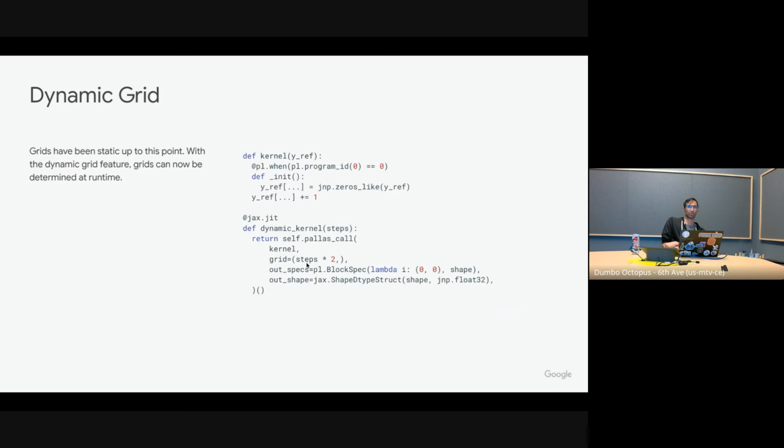So you can imagine this could be used to early stop in a kernel. Maybe you're doing attention and you only have to process 10 or 400 tokens. You can devise a kernel that only loops up to that and stops, and you're done after that. So that's another cool mechanism we've added to Pallas recently to do early stopping.